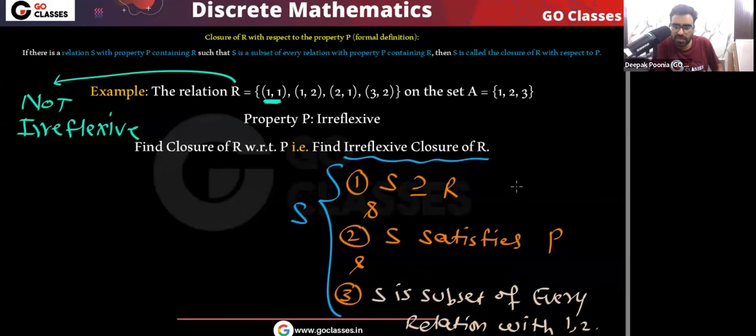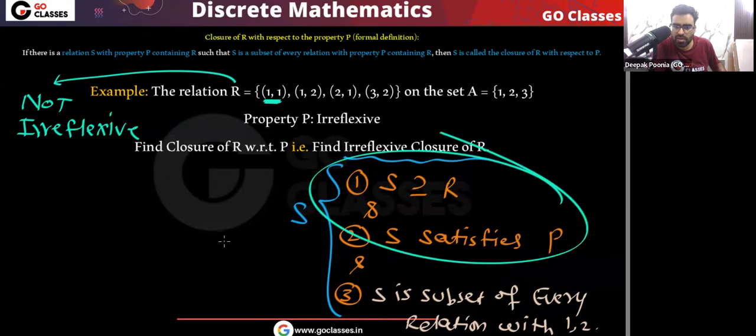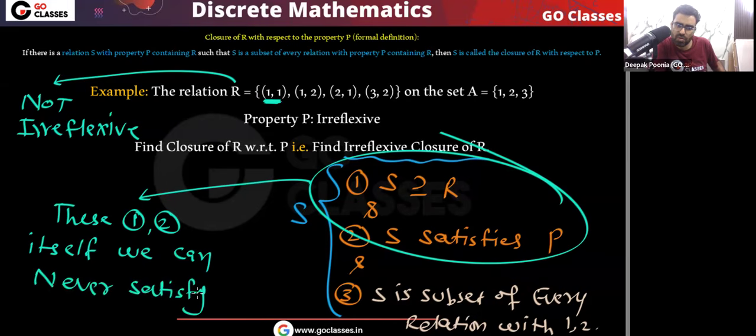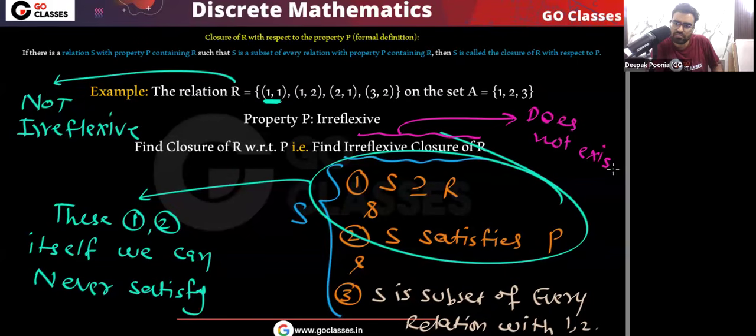So I can say that this 1 comma 2 itself we can never satisfy. Okay, so that is the reason I can say irreflexive closure does not exist. That's it, very simple. I hope you understood.